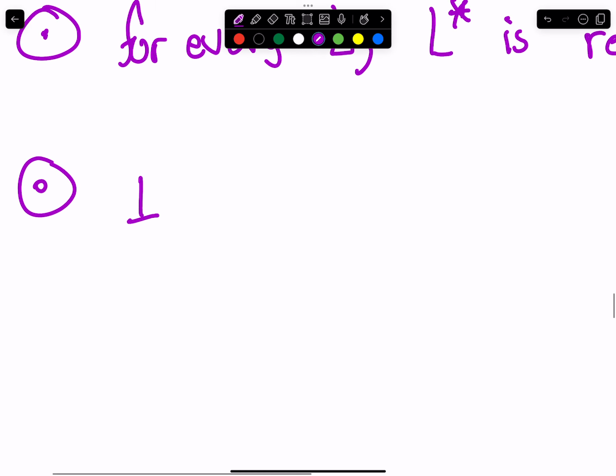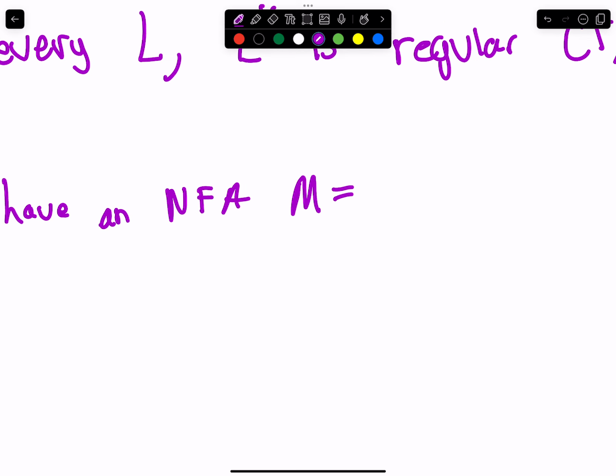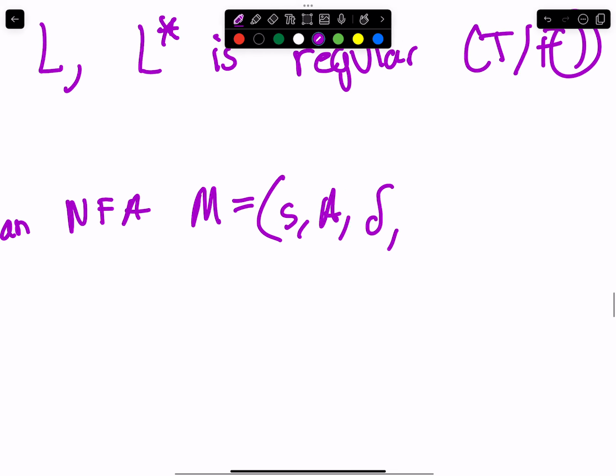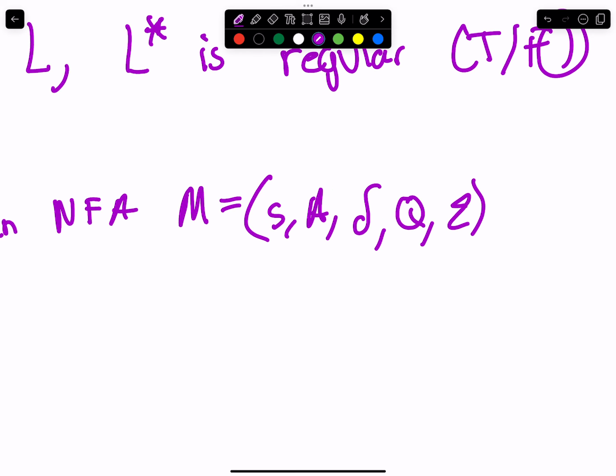Okay. I have an NFA, M, which is equal to delta, and what else is in here? Q, sigma. I don't remember the order.